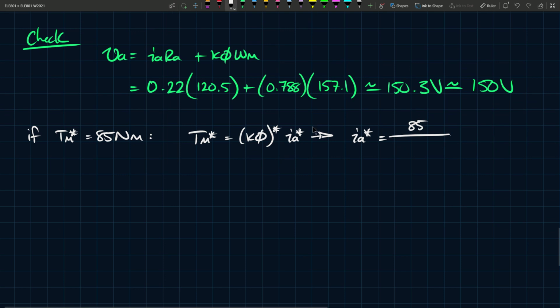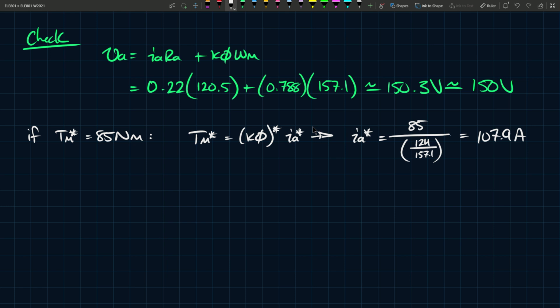So for this, the denominator is 124 divided by 157.1, which is EB over omega B, or if you want to take it the other way, 1 over KF. And this is 107.9 amps. So this is below our rated, so we're okay for now. And again, you don't want to be over your rated value because that would mean you're doing something wrong. So these things are still making sense.